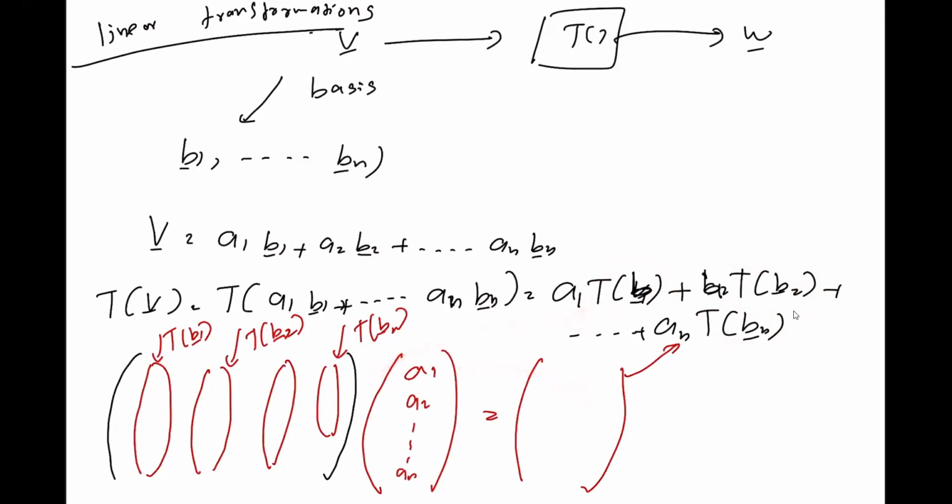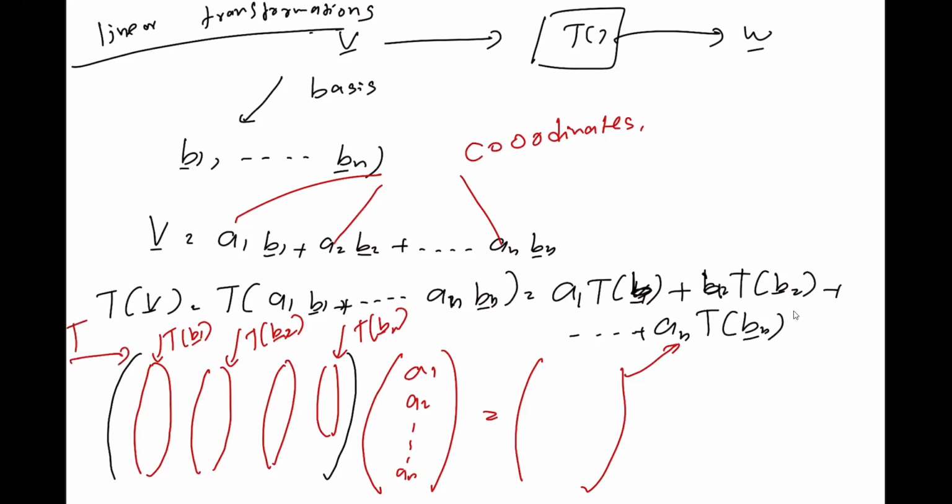What are a1, a2 and so on? These are coordinates. It means if I know the transformations of my basis vectors and the coordinate vector with respect to my basis, I can easily get my transformation using this matrix product. This matrix we call the transformation matrix.